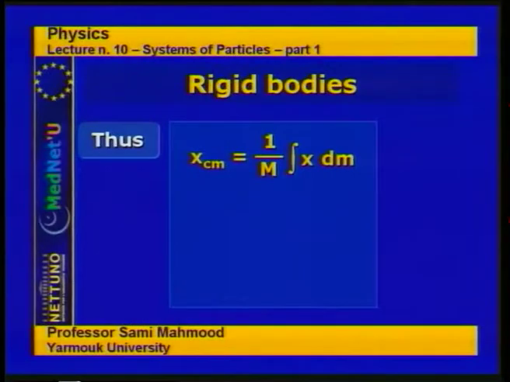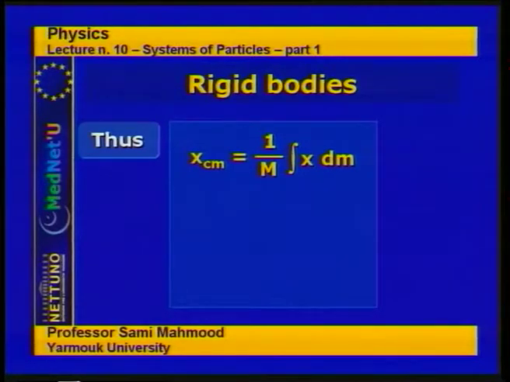Thus, if we do that, instead of the formula adopted for the x component of the center of mass for a collection of particles, we arrive at this formula: x sub center of mass for a rigid body is equal to 1 over M times the integral of x times dm.